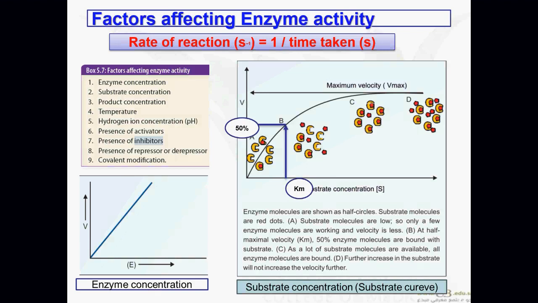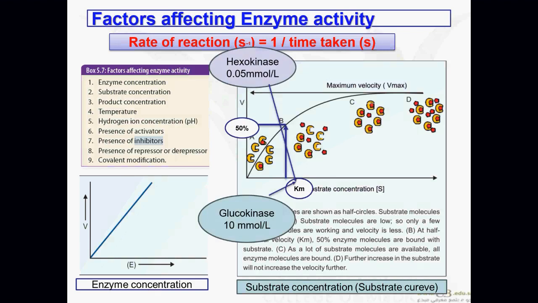So this is known as the Km, the concentration at which we reach 50% of the velocity. Then, if we take the example of hexokinase and glucokinase, both enzymes work on glucose by transferring the phosphate group from adenosine triphosphate to the glucose unit. The hexokinase, you may know, is one of the transferases that work in all cells except the liver.